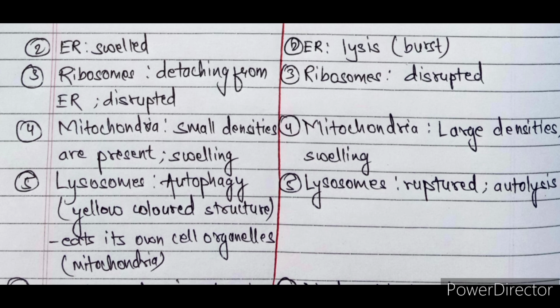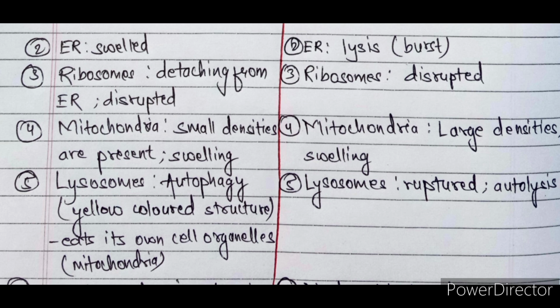Third point is ribosomes. In the reversible cell injury, it is detaching from the endoplasmic reticulum, that is dispersion has occurred, whereas in irreversible cell injury, the same dispersion of ribosome has occurred. Fourth point is mitochondria, that is small densities are present in the reversible cell injury in the mitochondria as well as swelling, whereas in irreversible cell injury, large amorphous densities with swelling of mitochondria are present.